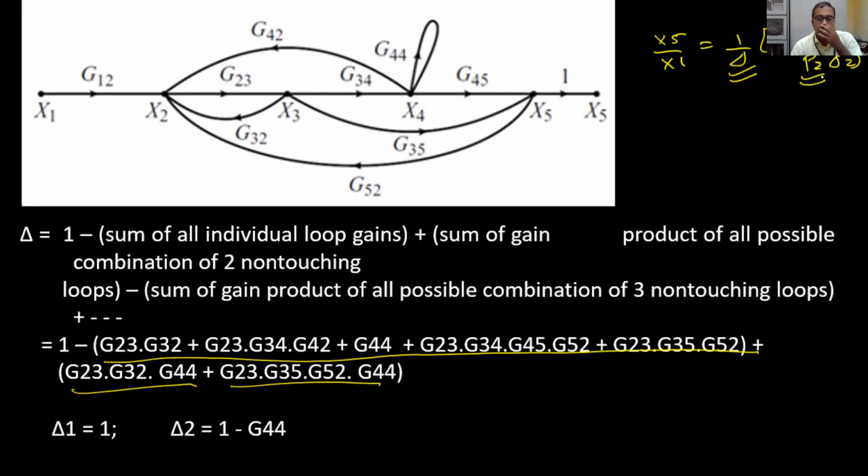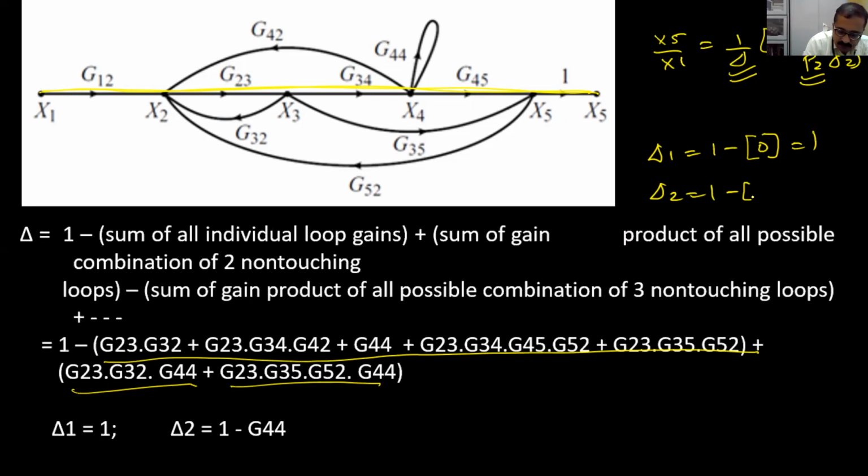Now, what is delta 1? Delta 1 means 1 minus the sum of all individual loop gains not touching the first path. Which is the first path? This one. If you see this path, all the loops are touching. That means 1 minus 0, which is 1. Similarly, what is delta 2? 1 minus the sum of all individual loop gains not touching the second forward path.